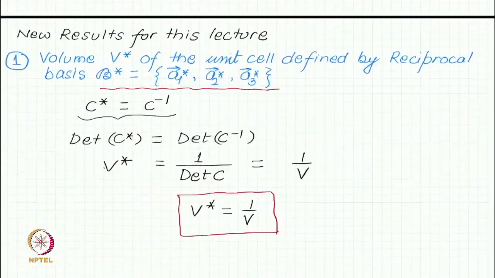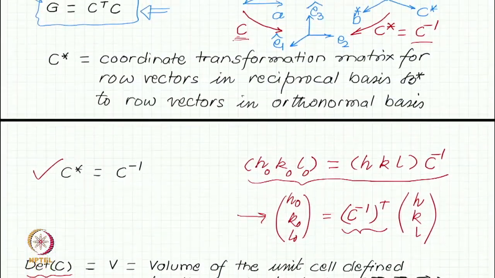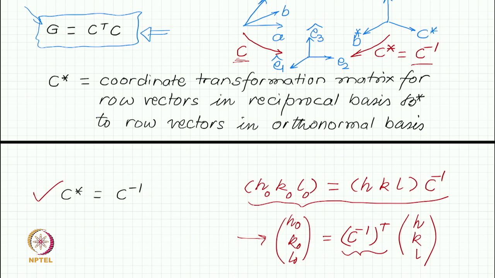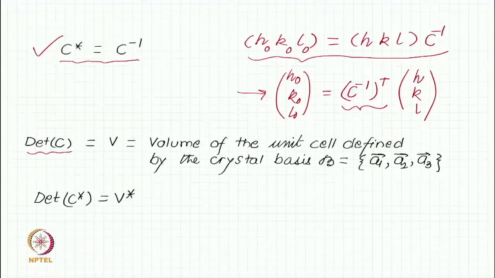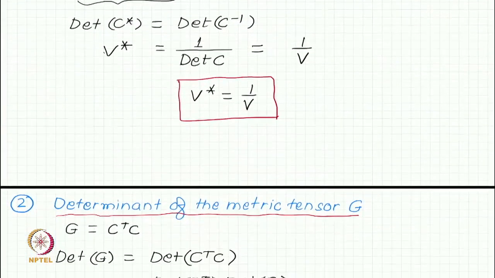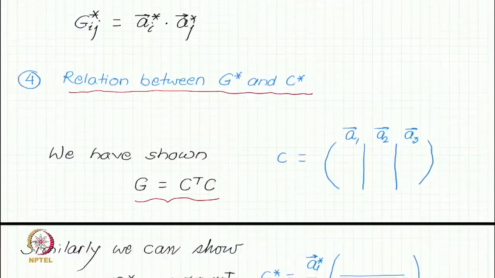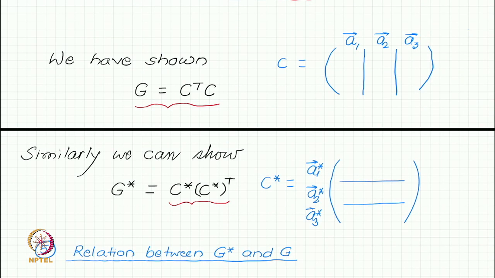To make our matrix C star compatible with this row multiplication by H K L, we defined it such that the rows were corresponding to, this was the first component of A 1 star, components with respect to what? Components with respect to the orthonormal basis.